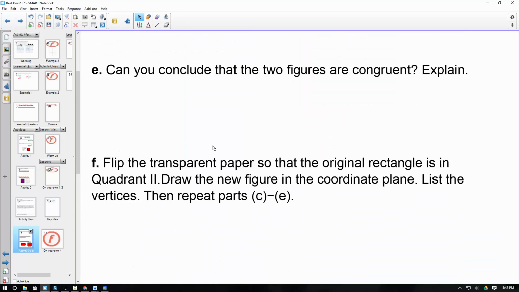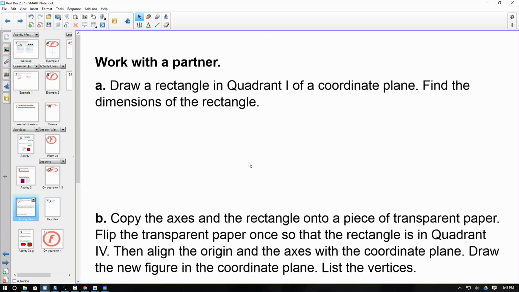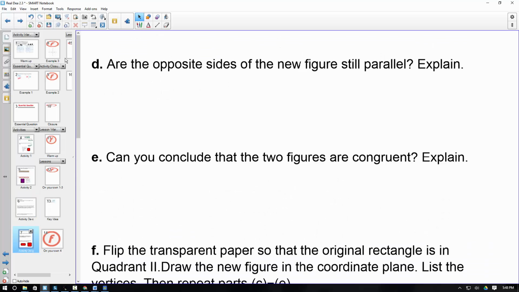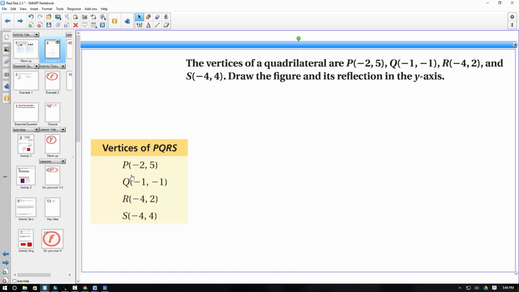And then we're still talking about new shapes, if I'm in quadrant 1 and I move it over, are they parallel? Then it says here, the vertices of the quadrilateral are right here, and draw the figure in reflection of the y-axis. So if I do this, here is the figure.